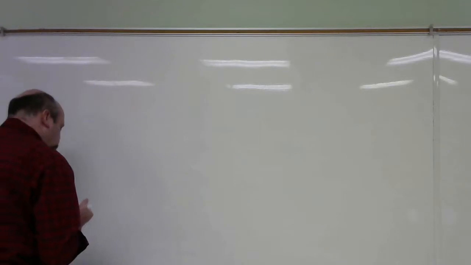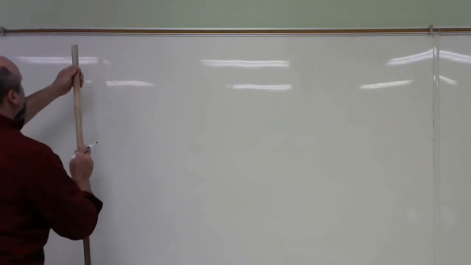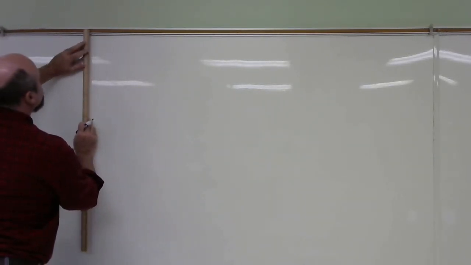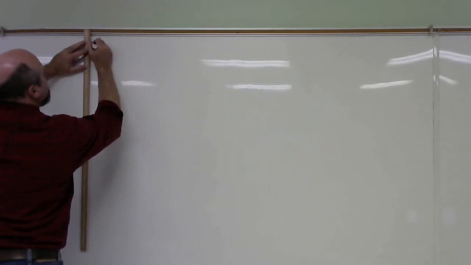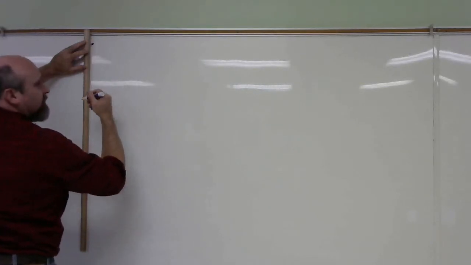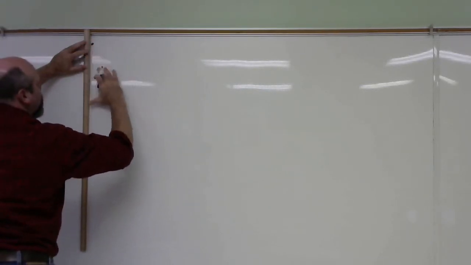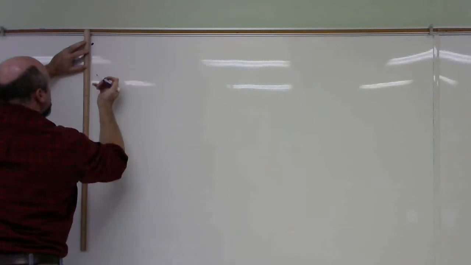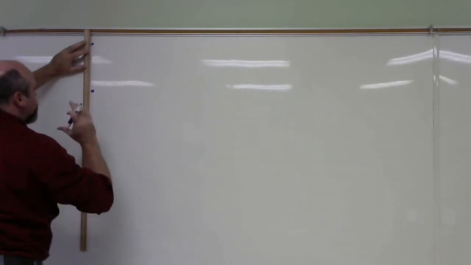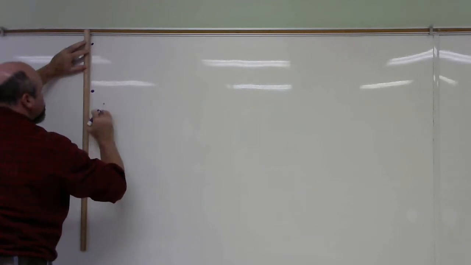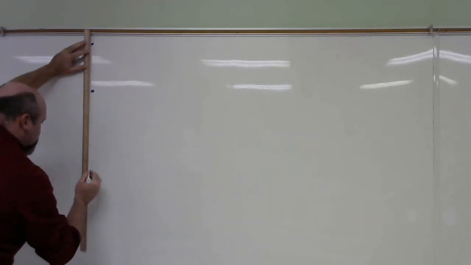In the first little chunk of time, it'll go 7 centimeters down, to there. In the next bit of time, it'll go 3 times as far, 21 centimeters, so 7 plus 21 is 28. Then the next chunk of time, it'll go 5 times as far. 5 times 7 is 35, and 35 down from 28 would be 63.